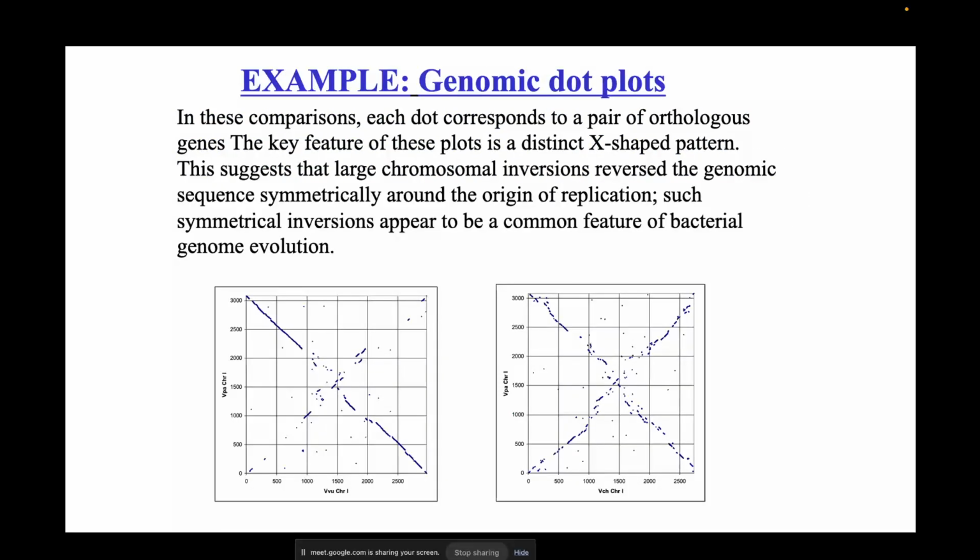We just want to visually see if this sequence and this sequence are somewhat similar to each other or not. There is no quantification of exactly how similar. Is it 100% similar? Is it 80% similar? Is it 60%? We don't know that. We just want to see visually if there is a similarity there or not. So that is the use of a dot plot. Dot plot is a very preliminary way of seeing if two sequences are similar or not.